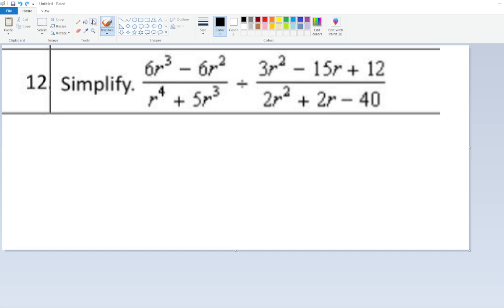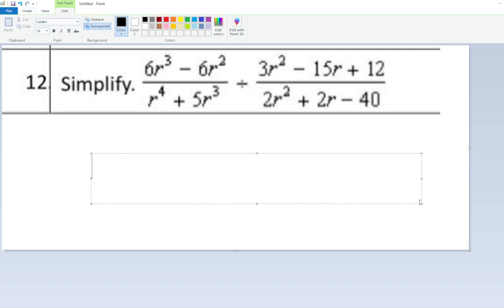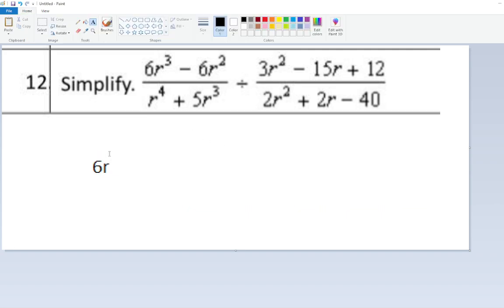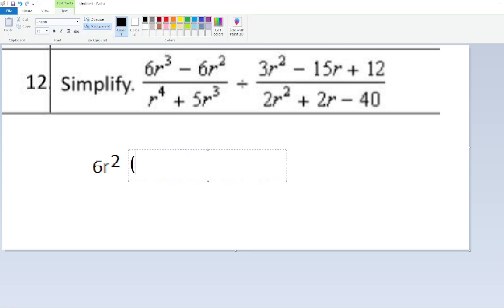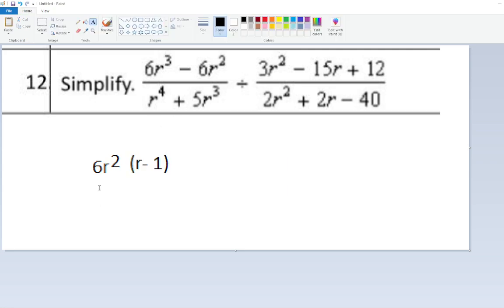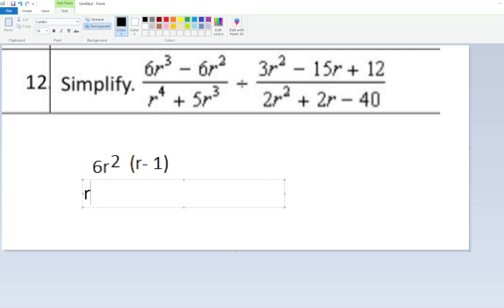So we can factor out a 6R squared. And when we do that, the first one, we're left with R minus 1. Down below, we can see that there's an R cubed in common, and that's it. When we factor out R cubed, we're left with R plus 5.